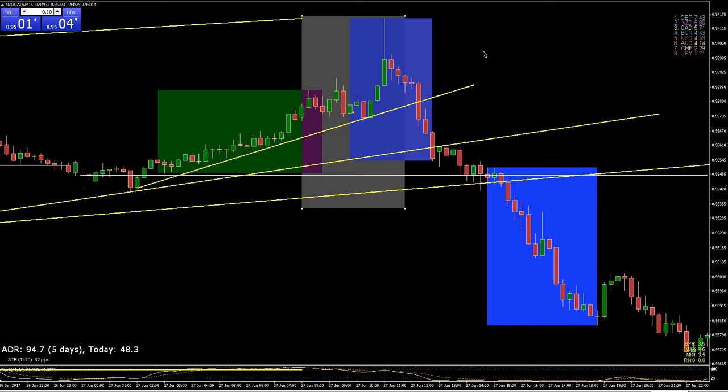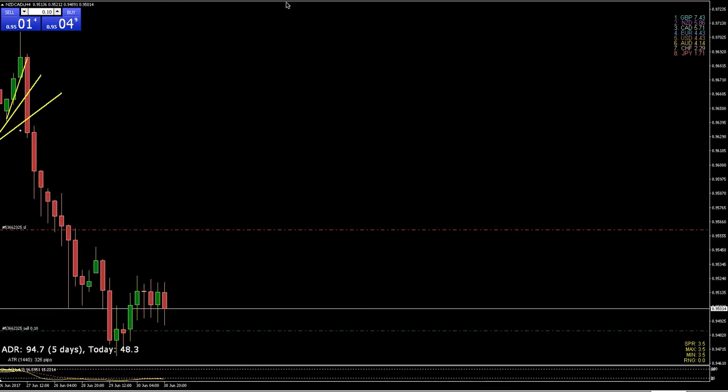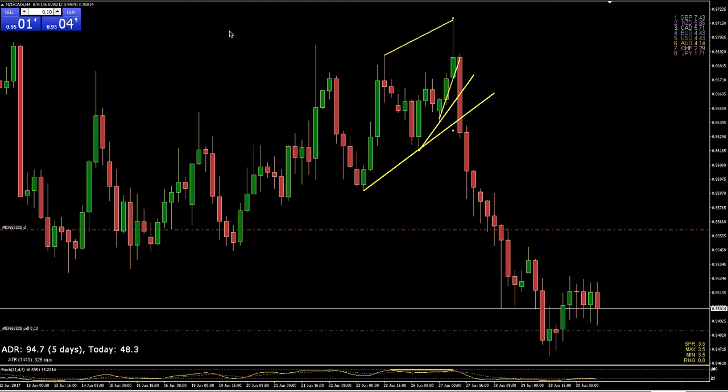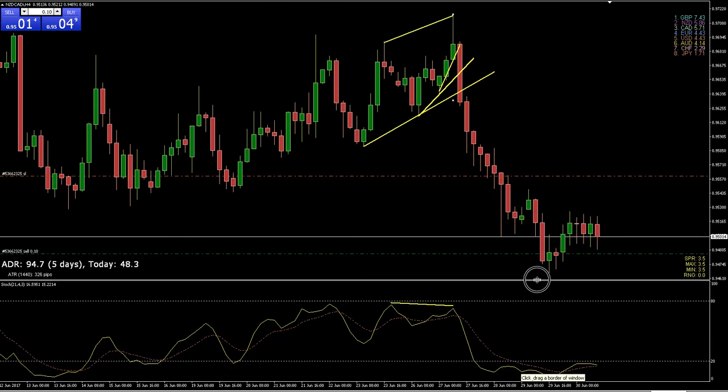Now, also I need to point out that with the original guidelines, the original ones put on page 1 by Reno, this trade does not actually fall into that, because you can see right here, this high did not breach 80.